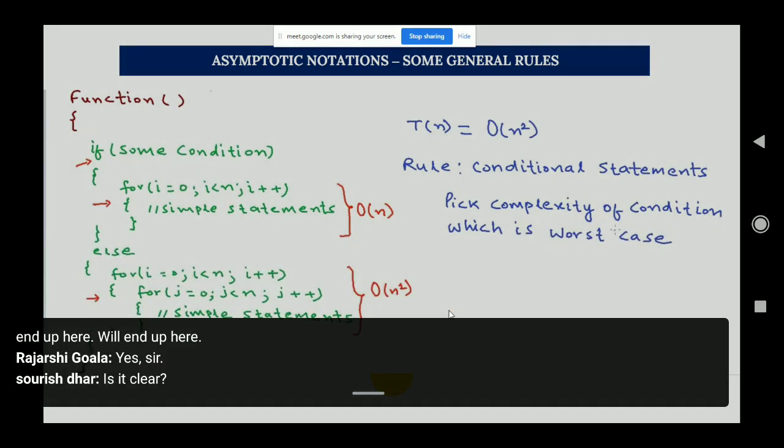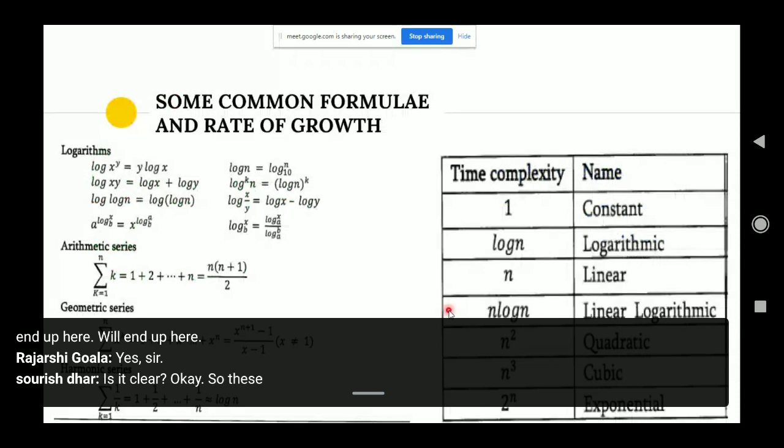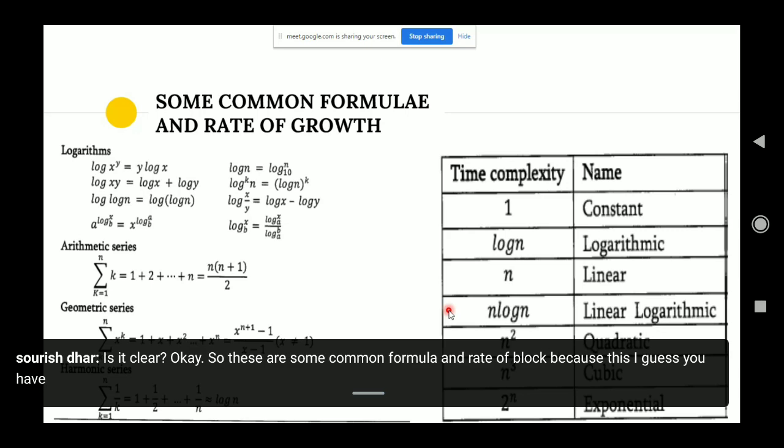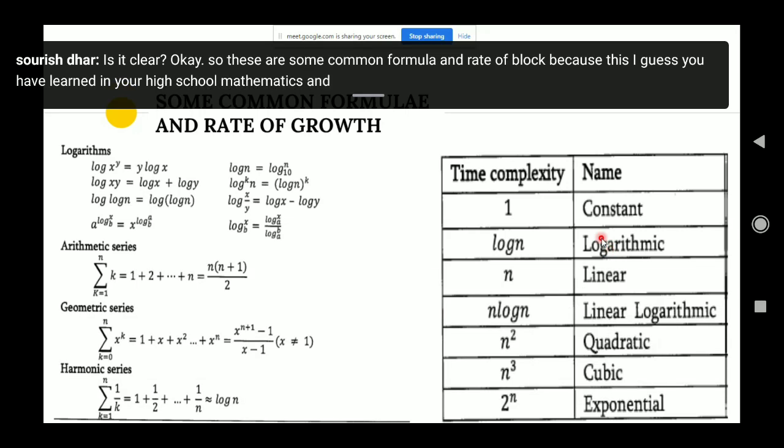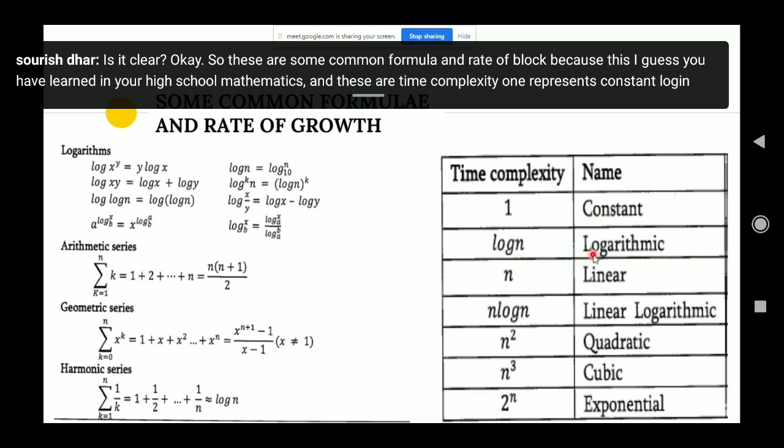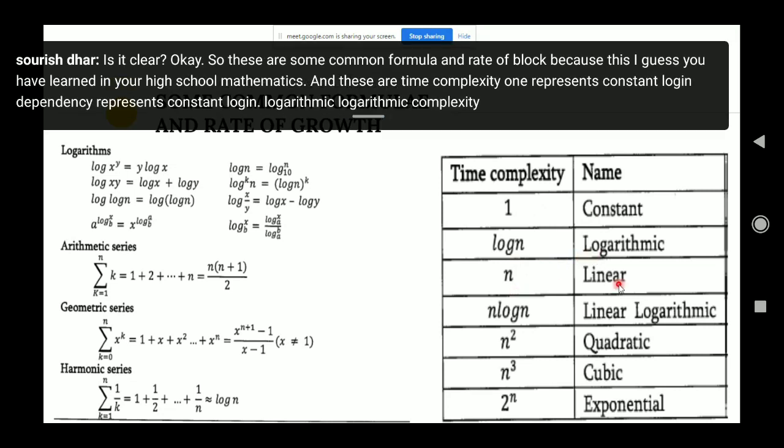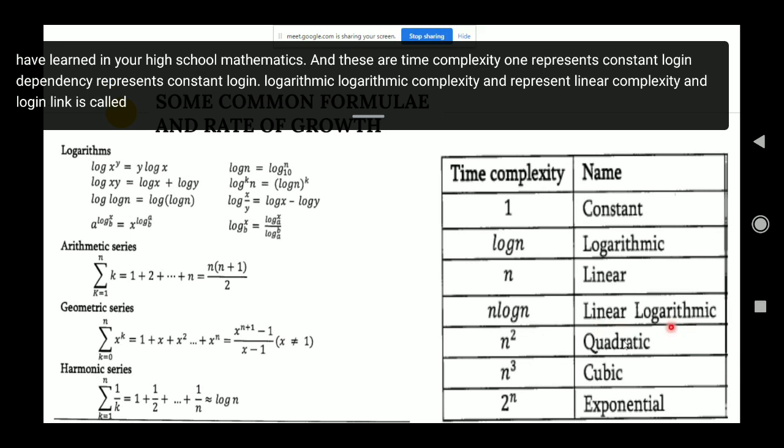Okay. So these are some common formulas in rate of growth, which I guess you have learned in your high school mathematics. These are time complexities. 1 represents constant, log n represents logarithmic complexity, n represents linear complexity, n log n is called linear logarithmic, n square is quadratic, n cube is cubic, 2 raised to n is exponential.